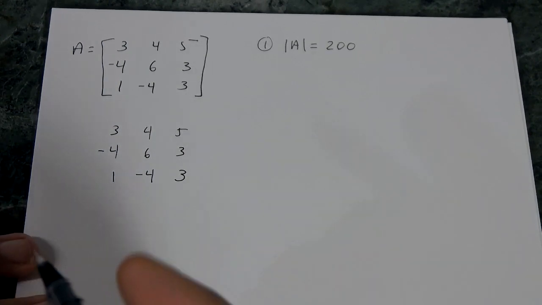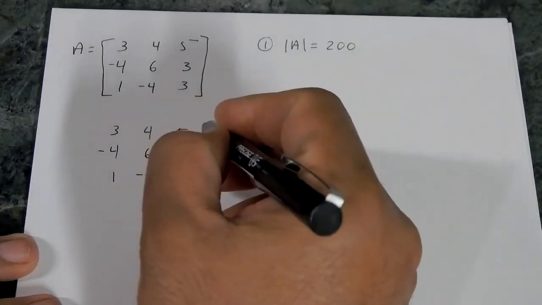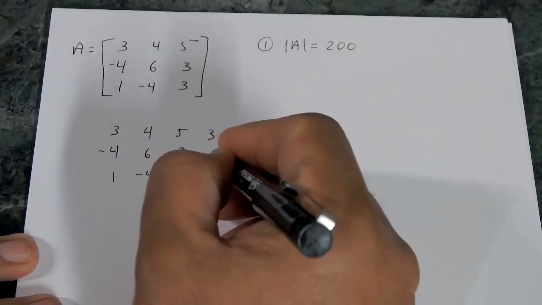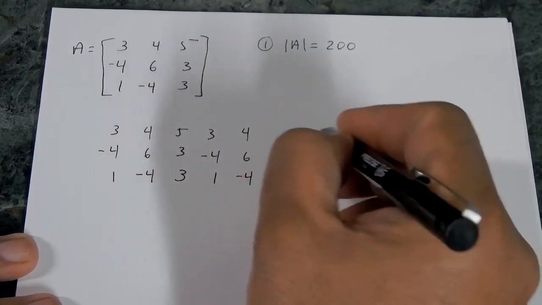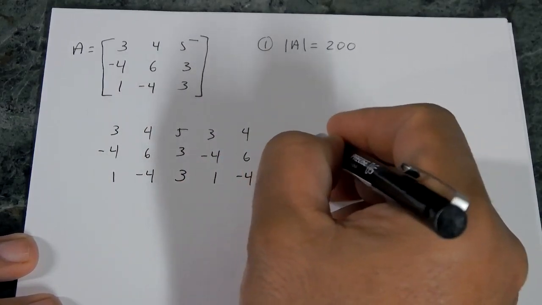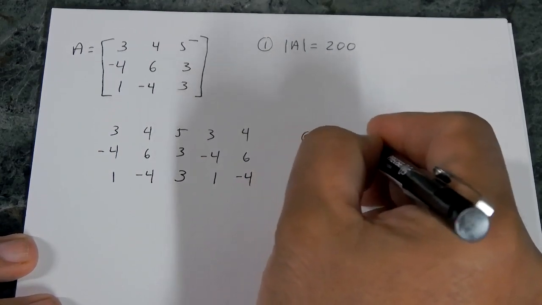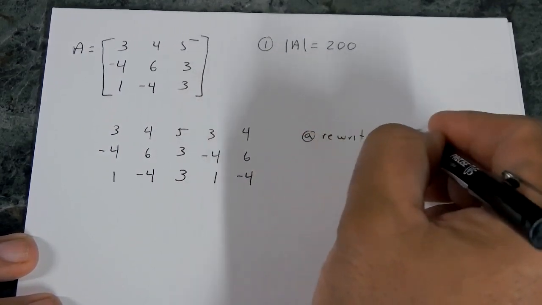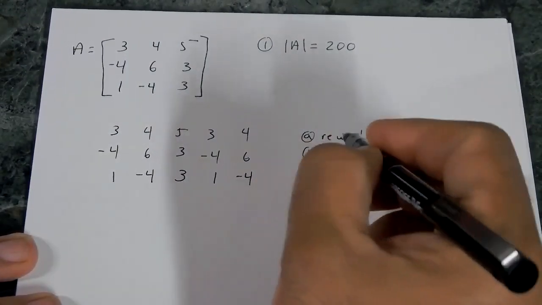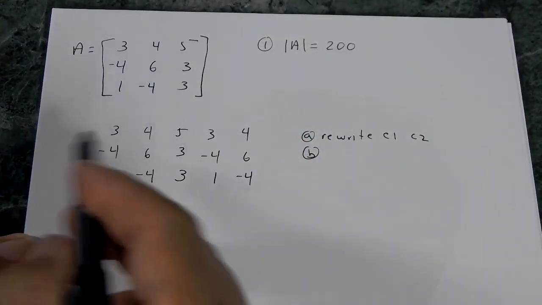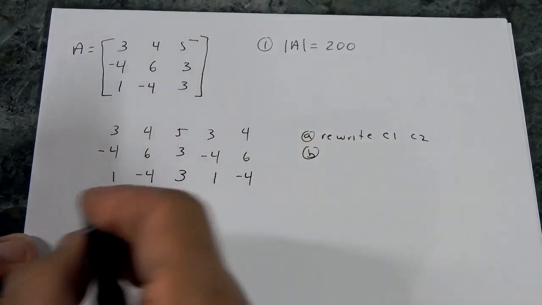So first, I'm going to rewrite the first two columns: 3, -4, 1, 4, 6, -4. Let me call that part A. Rewrite column 1, column 2. Then take the first two rows and rewrite them and put them underneath.